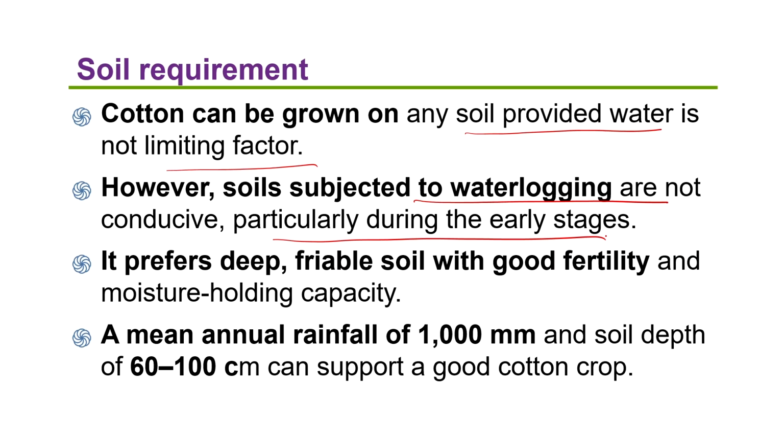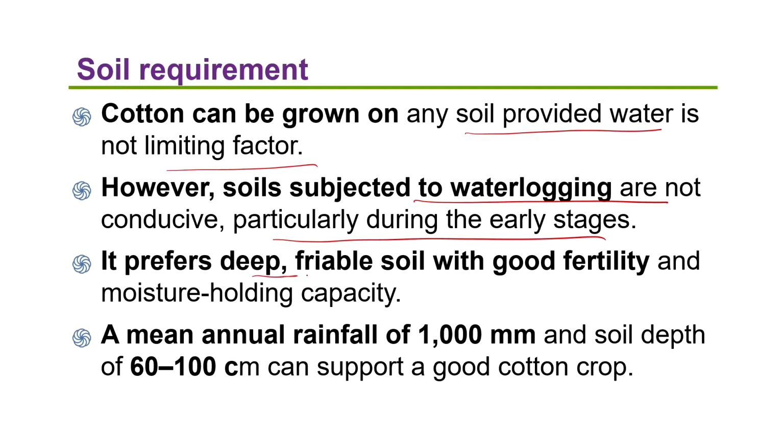This crop is quite sensitive to water logging because under water logging conditions there is shortage of oxygen inside the soil and that affects the growth of the roots. Roots may not respire, respiration is restricted and therefore nutrient uptake and water uptake become a problem and further there is no root growth or development. So, water logging should not be there. Wherever possible, arrangement for drainage should be made.